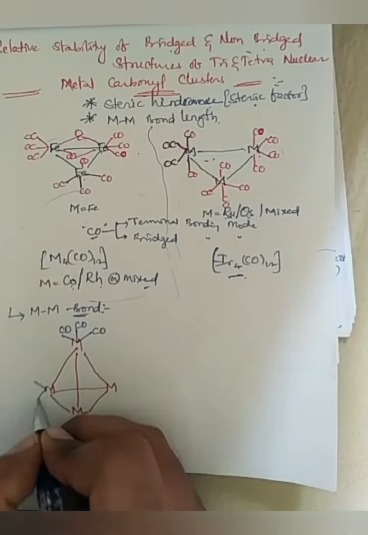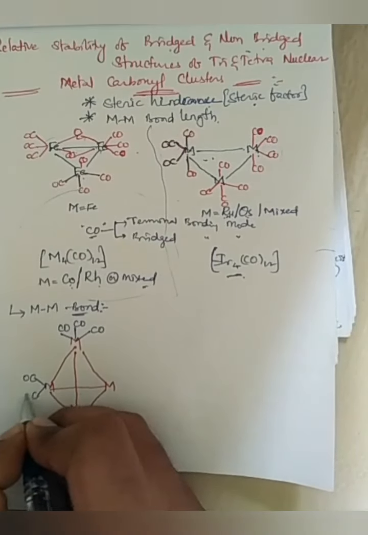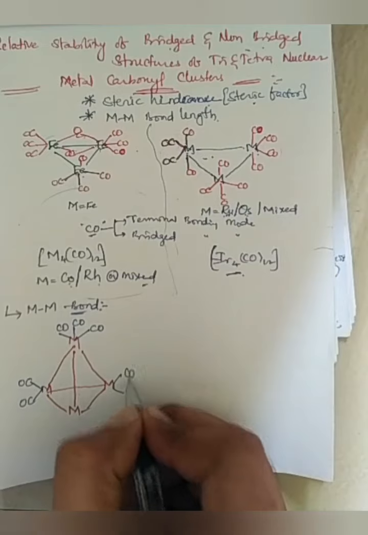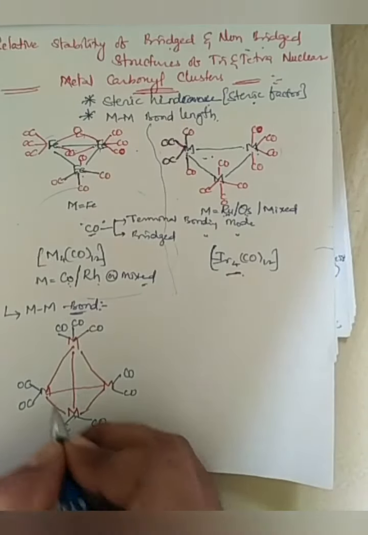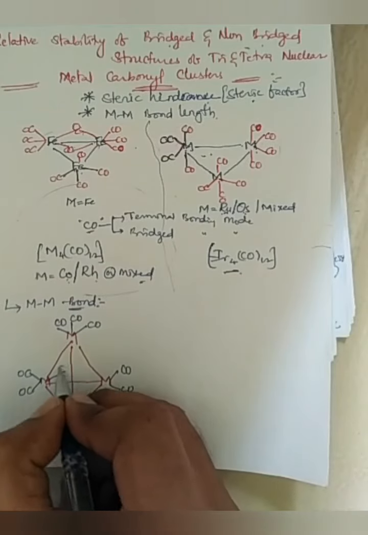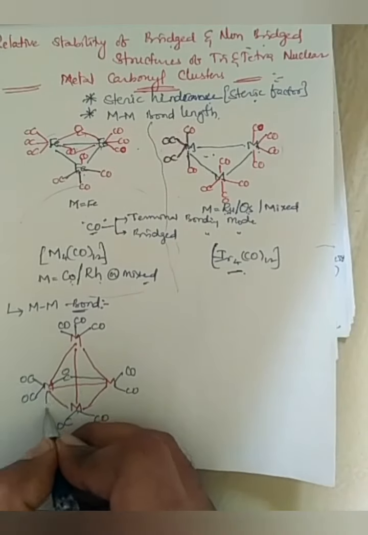One of the sides will have all three terminal, and the other three sides of the metal atoms have two terminal carbonyls and two bridging carbonyls each.